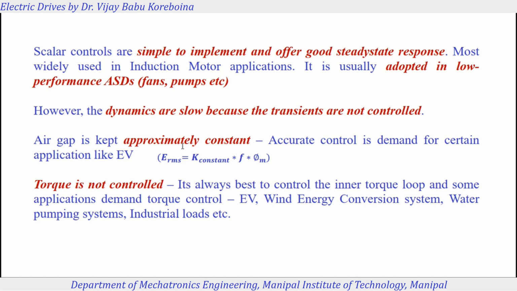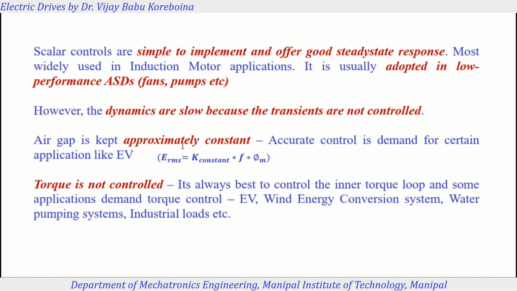It is approximate. I told you, flux is a rotating magnetic quantity which has a magnitude and position. Here we are just bothered about the magnitude. If I am maintaining phi_m by maintaining the E by f ratio, V by f ratio, that is enough in a simple way. So it is kind of indirect in nature. You're not controlling accurately. Approximately, you're keeping that constant.